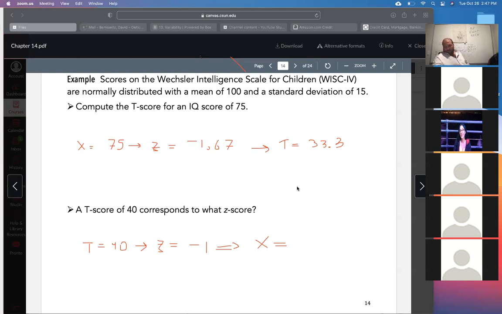But I thought that whole x minus the mean over standard deviation was to find the z-score. It is, but if you have the z-score, it can be rearranged to find x. Oh, yeah, right. Just like the t-score to find the z-score. Yeah, you've got z to t or t to z. So would the answer be 85? Yes, it would.